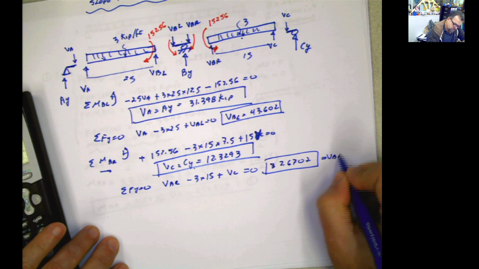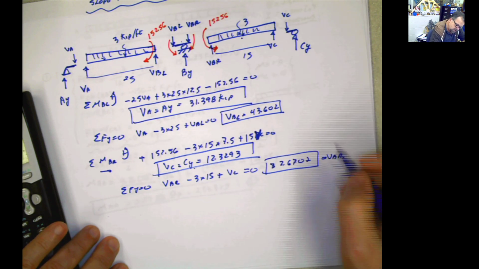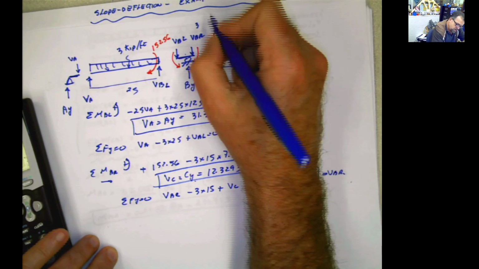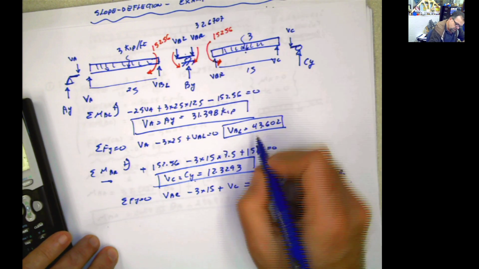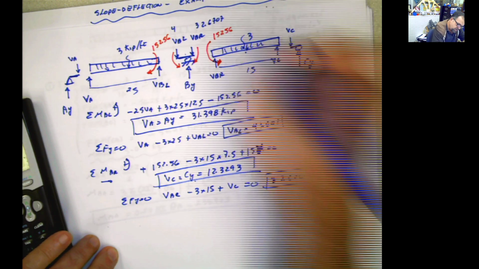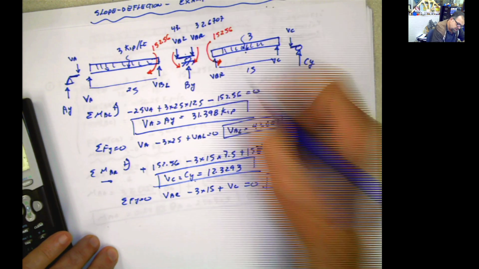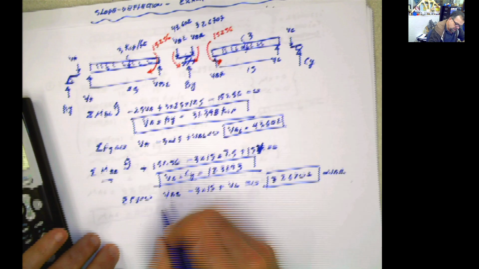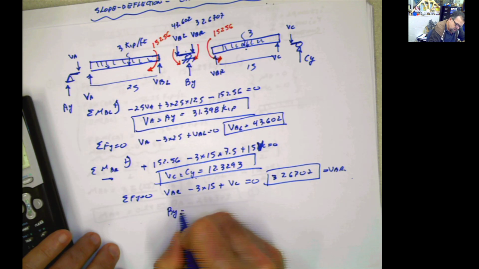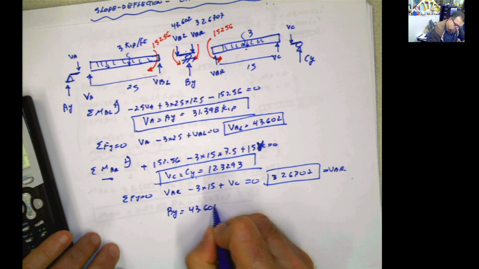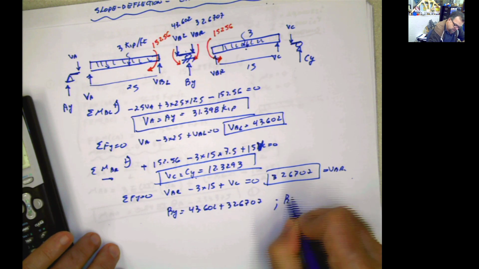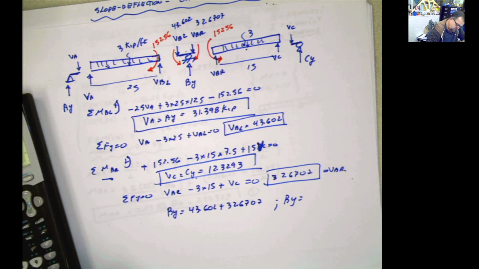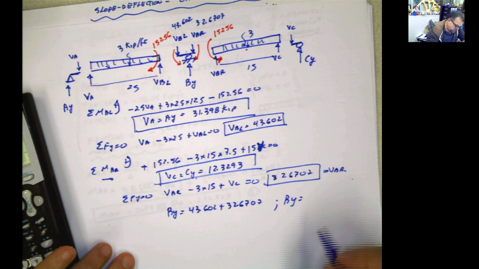So I have this value, 32.6707, and I know this one, which is 43.602, so I can calculate my reaction BY as 43.602 plus 32.6707, and my reaction BY will be 76.27.